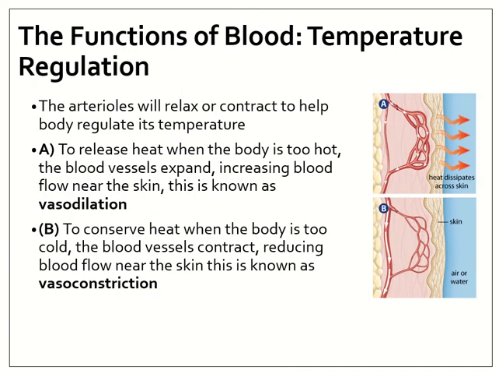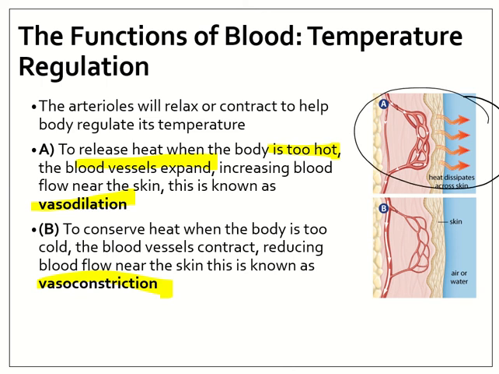Another role of the circulatory system is to make sure that our body temperature, because we are endothermic, needs to be regulated. And so our body has a way to make sure that we stay warm or we don't overheat. And so the arterioles that are close to the skin can either undergo vasodilation or vasoconstriction. Your vasodilation is when the body is too hot, the blood vessels expand and cause heat to flow out.